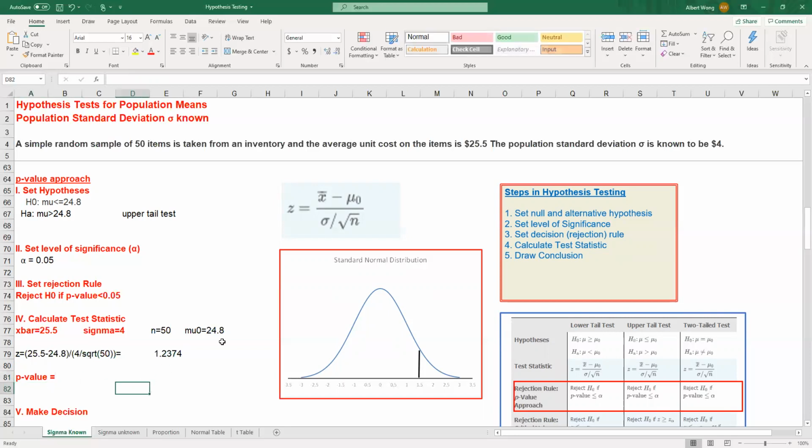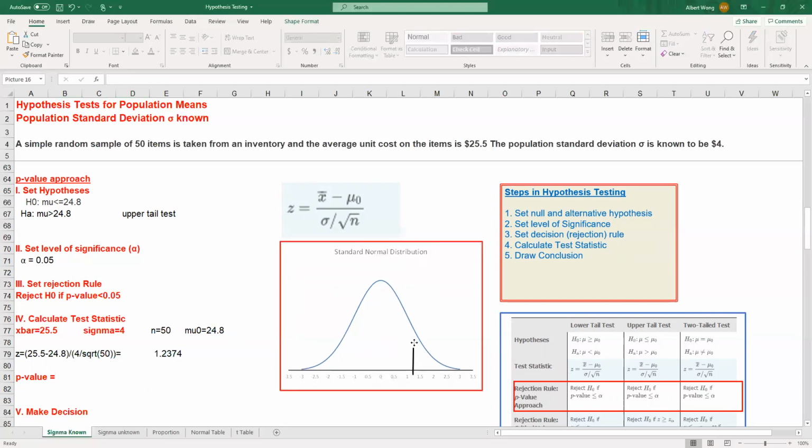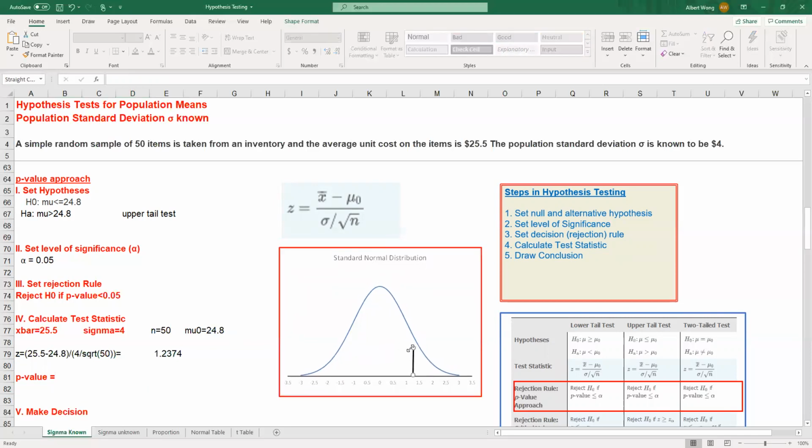Now, this is where drawing a picture would be very helpful, right? 1.12 is about here. So this is the normal distribution. If you draw a standard normal distribution, 1.12 is about here, right?